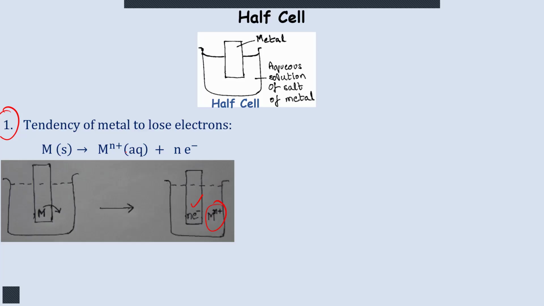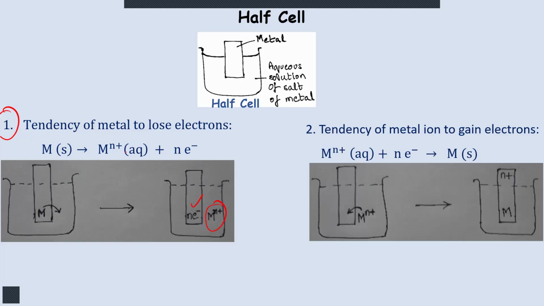Now simultaneously, another process also takes place. Some metal ions which are already there in the solution, because the solution is an aqueous solution of salt of the metal, gain electrons at the surface of the metal rod and get reduced to metal atoms.